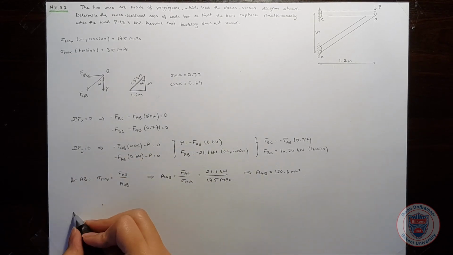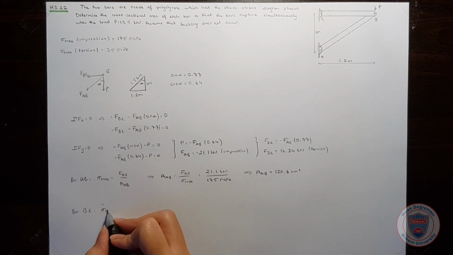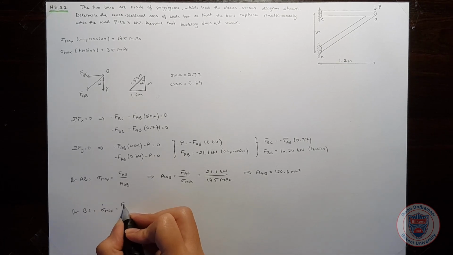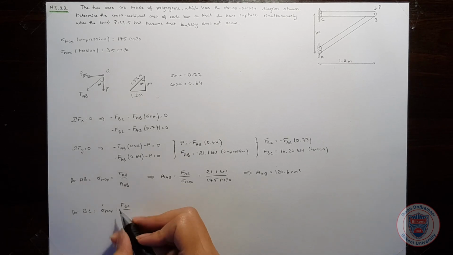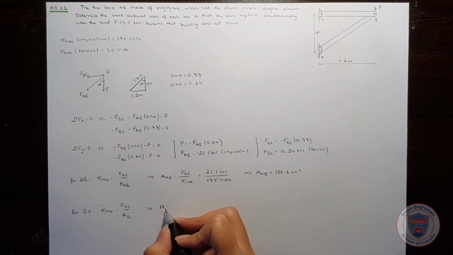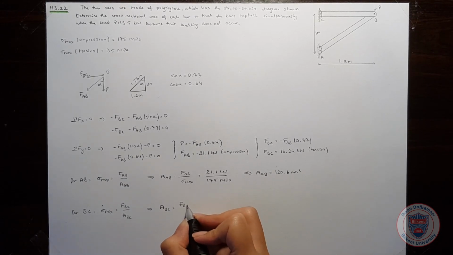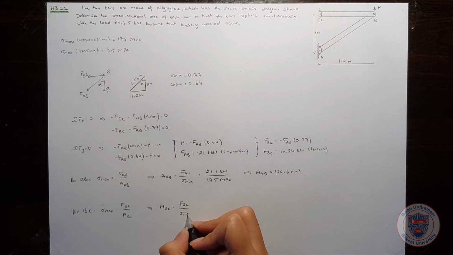Similarly, when we do the same for rod BC, again, sigma max will be equal to FBC this time over the area of BC. Again, we can say that ABC will be equal to FBC over sigma max.